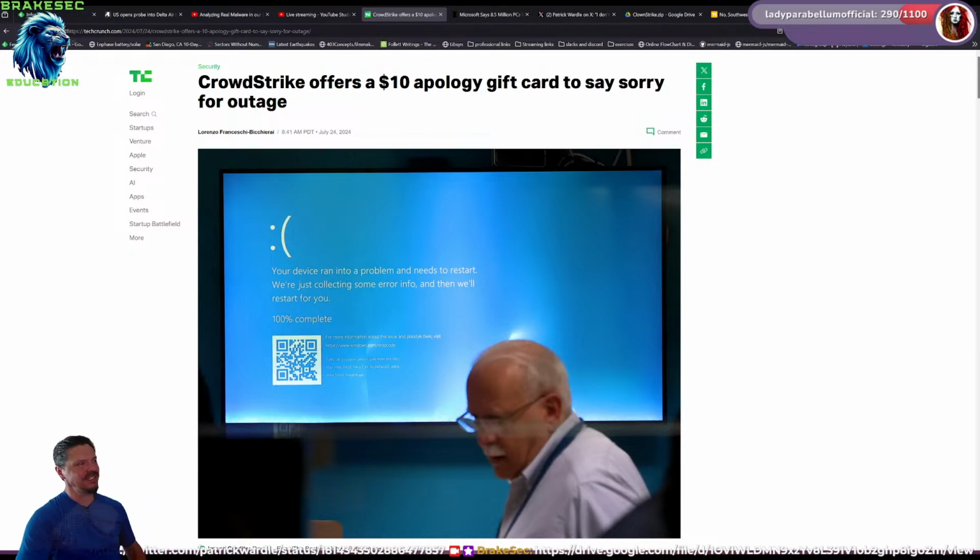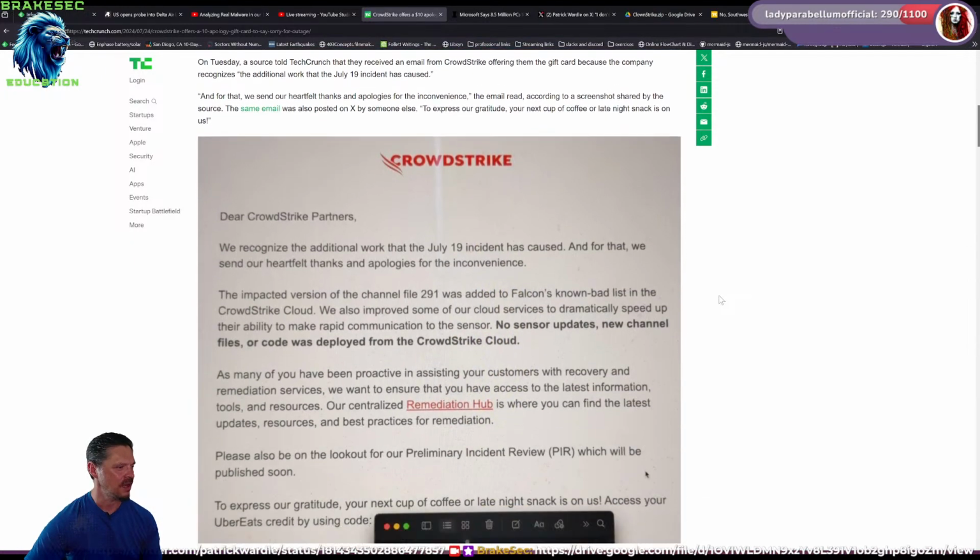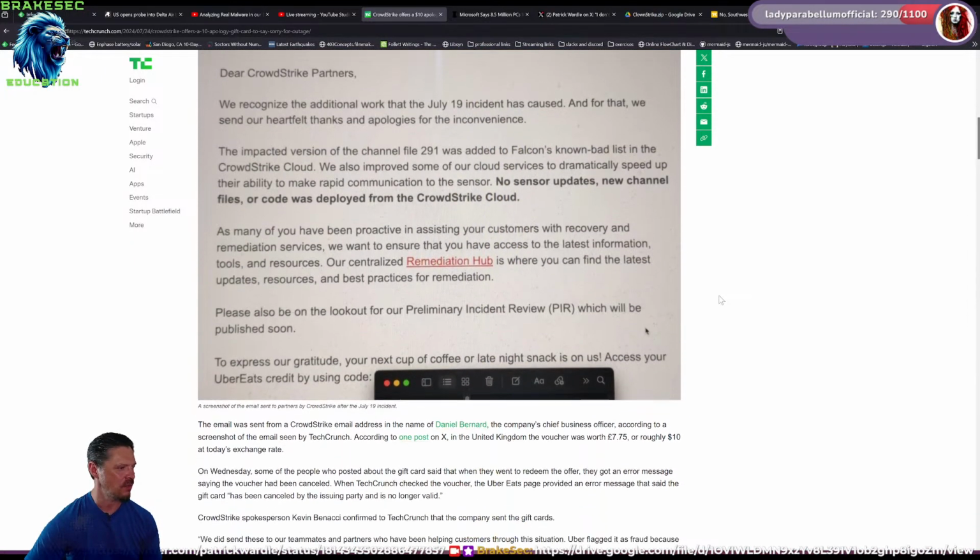Yeah, I don't know if that was a good marketing move for CrowdStrike to offer an apology gift card to one person, considering this probably cost many teams a lot of money. So I'm not sure a $10 apology gift card was the best way to, yeah, it just feels a bit hollow and not worth the time.